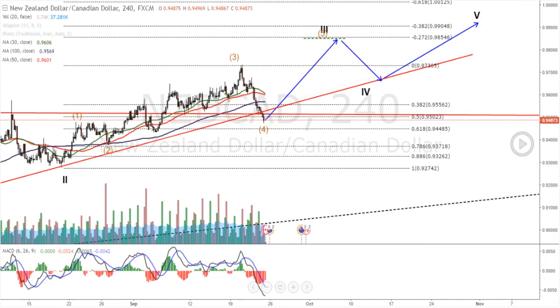And these guys were looking at this like it was a wall. There's no way it's going to go up. What in fact it did was find resistance at this area.